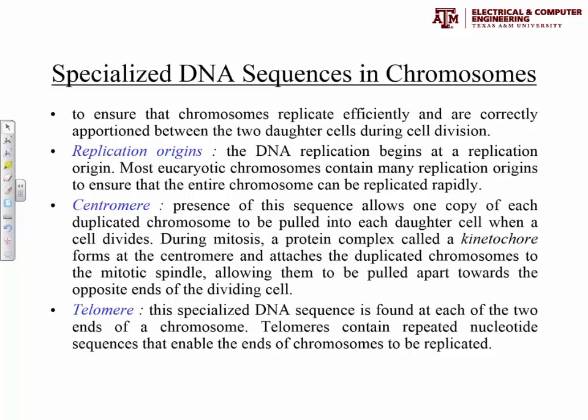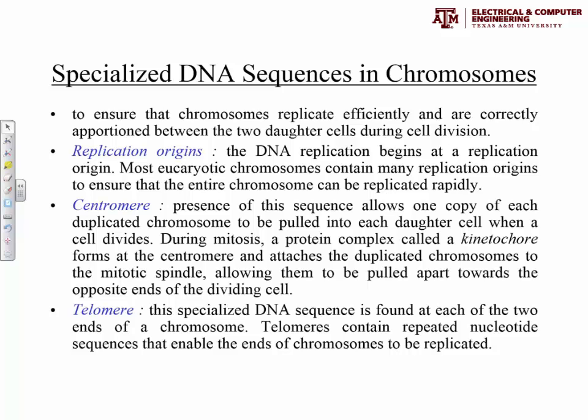And the third region is what is called a telomere. This is a specialized DNA sequence which is found at each of the two ends of a chromosome. If you have a linear DNA molecule ending in a chromosome, towards the end you have this special region called a telomere. Telomeres contain repeated nucleotide sequences which will enable the ends of chromosomes to be replicated. Remember, DNA polymerase always needs a primer.